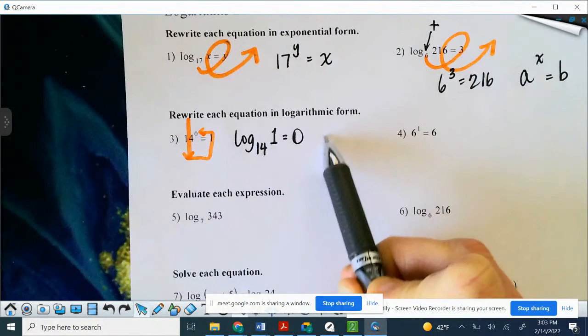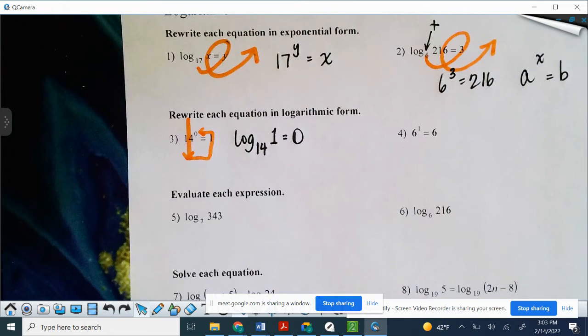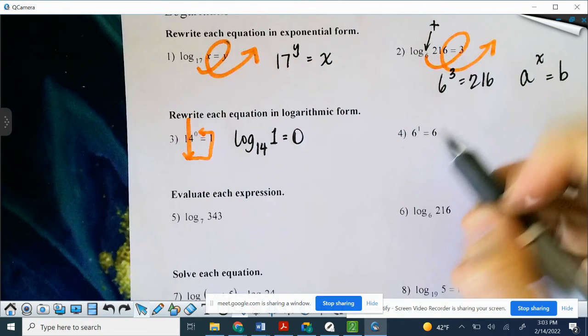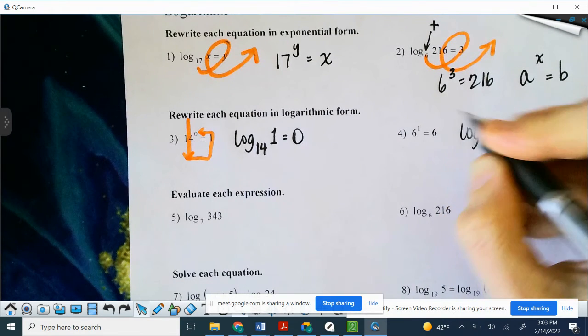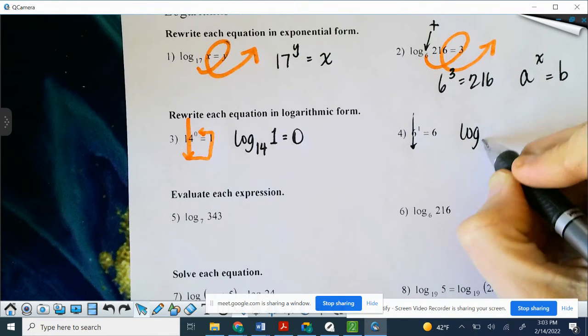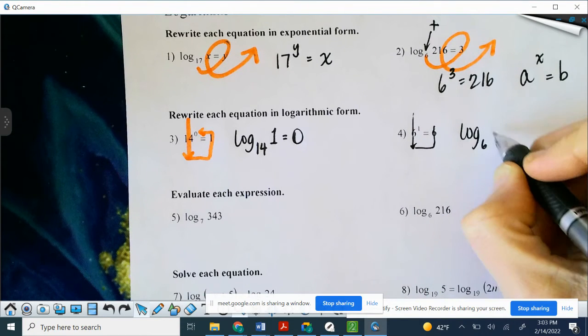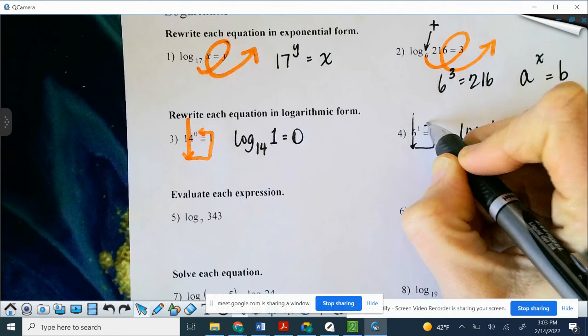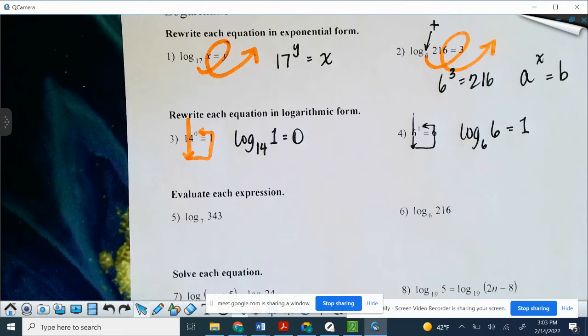So again, switching it back and forth. Log, shove it into the basement, 6. Go pick up your exponent, equals 1. Now, cool part for you guys, because this is a virtual class, but I will tell you, be really careful.